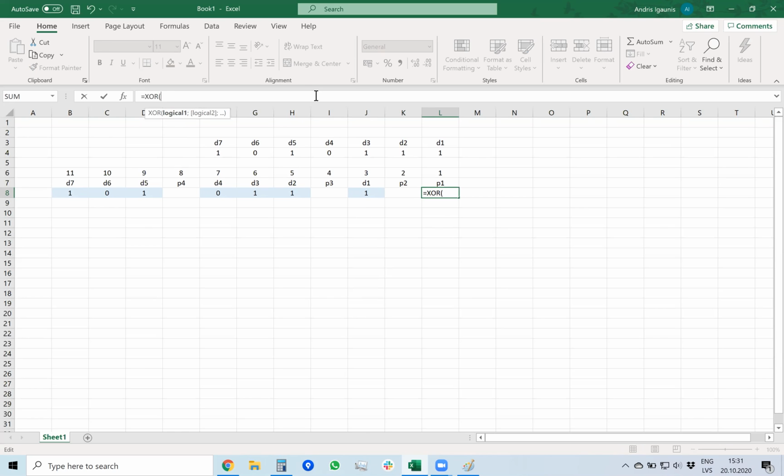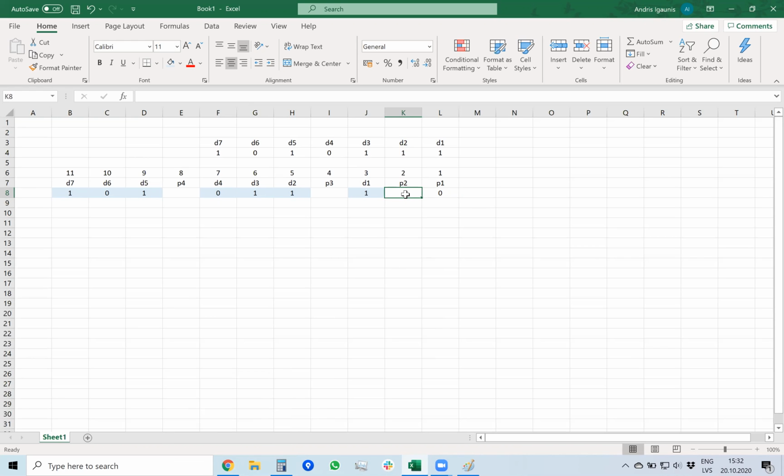Oh, here it is, XOR of this position, also 5, and also 7, 9, and 11. So it says false, but it should actually say 0. So if XOR equals true, then write 1, else write 0. So now we have number 0.